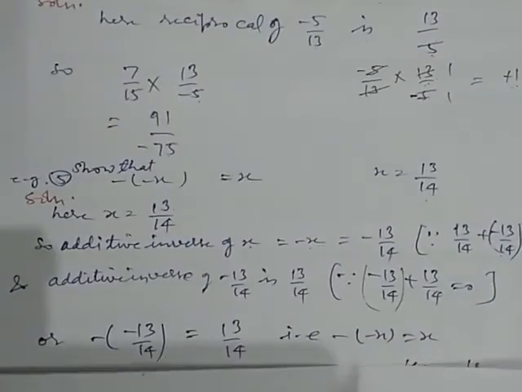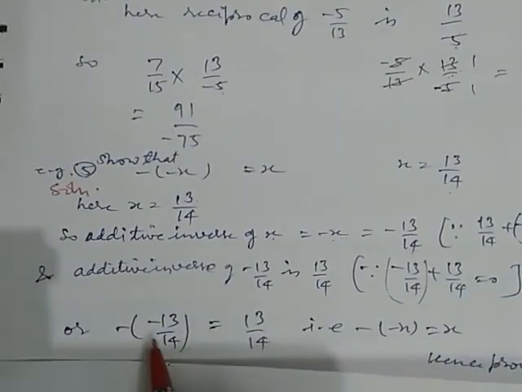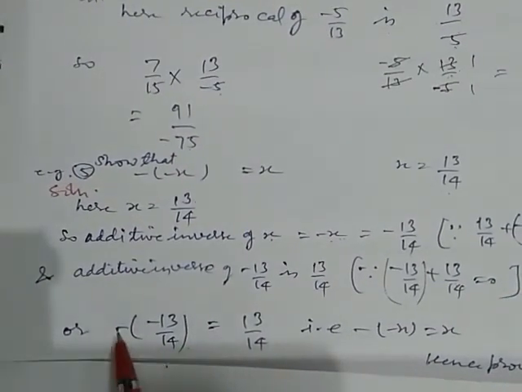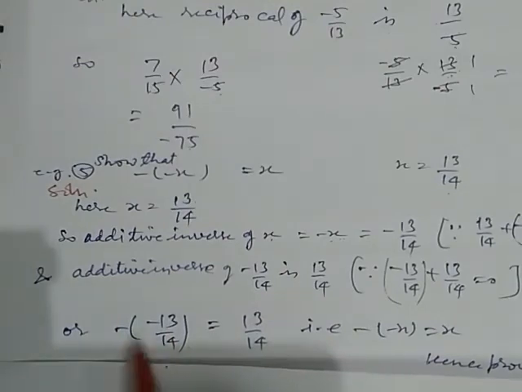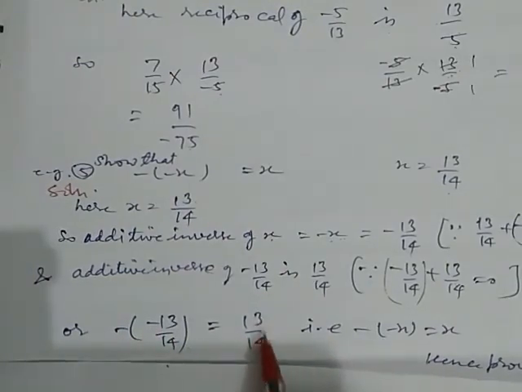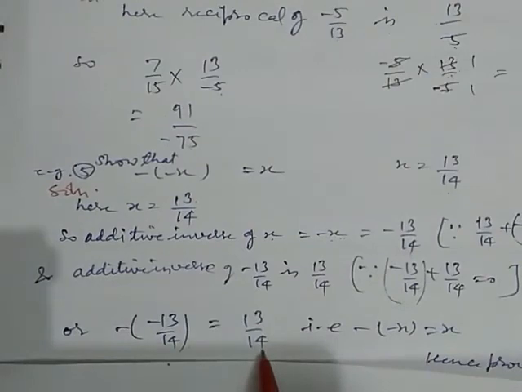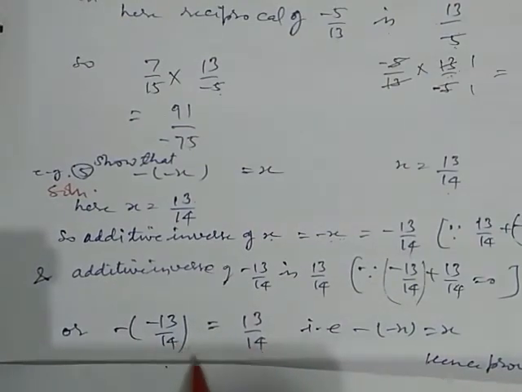So if we put minus of this minus 13 by 14, minus into minus, it converts to 13 by 14. And we can see this 13 by 14 is the additive inverse of this minus 13 by 14.